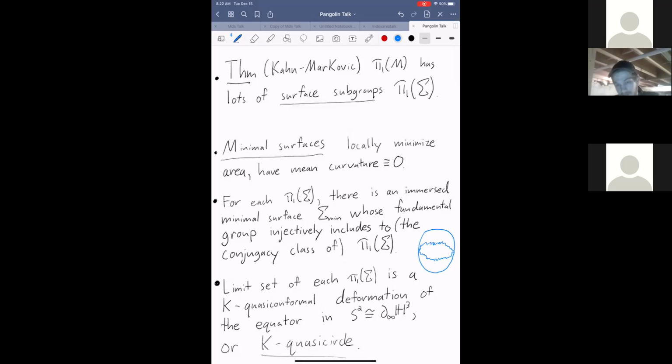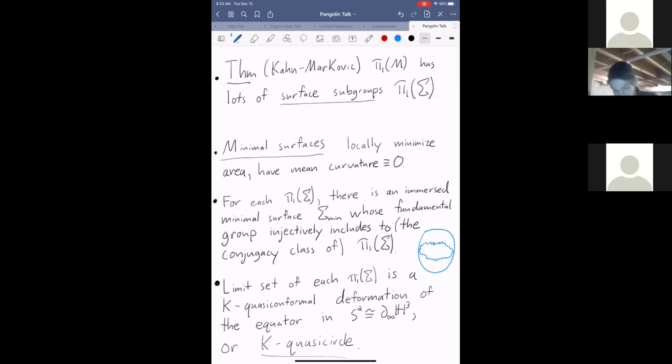And we can measure how far the surface is from being totally geodesic by how close this squiggly Jordan curve at infinity is to being a round circle. How close it is is measured by this big K. It's always bigger than or equal to 1, but if it's close to 1, then you're close to being a round circle.